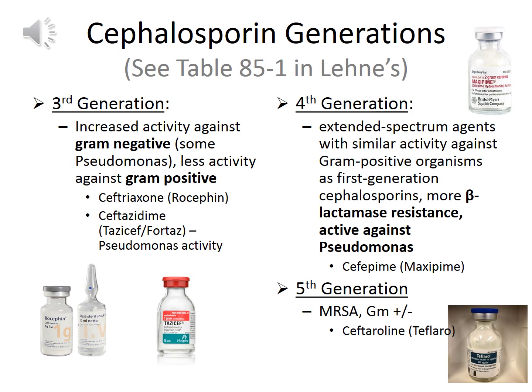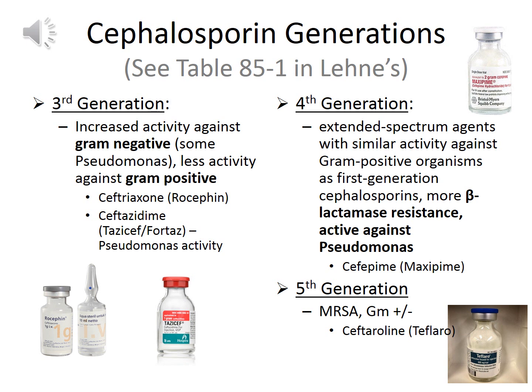Our third generation cephalosporins, now we're actually starting to narrow the spectrum a little bit. And so we're looking at an increased activity in gram-negative bacteria. And most importantly, it has some Pseudomonas activity. But we start losing our activity against gram-positive.